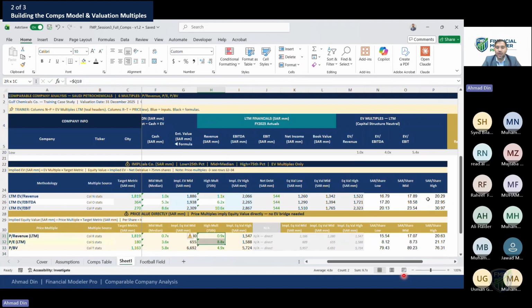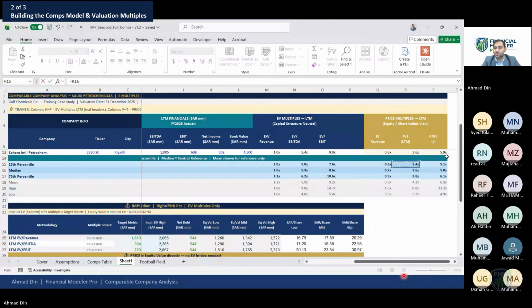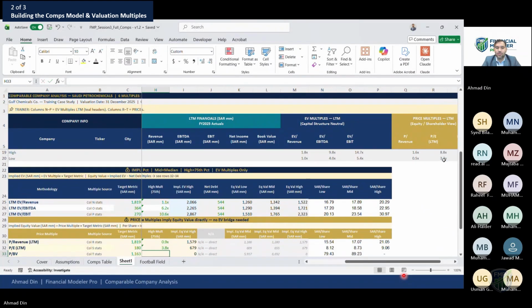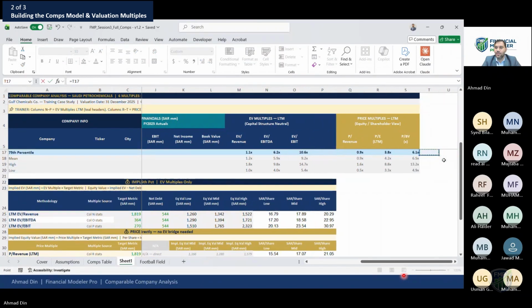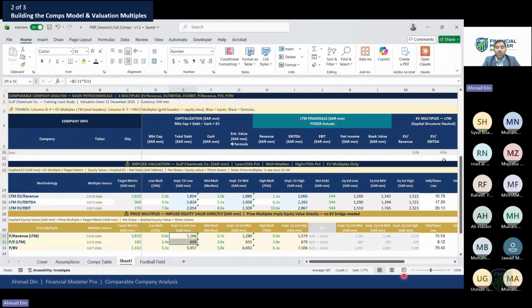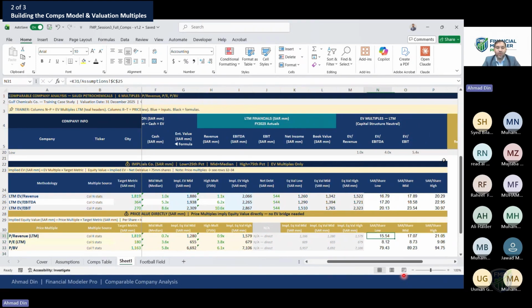Now for the high multiple, we will link it again with our high multiple. Now we can see that the low multiple gives a low value, the mid multiple a mid value, and the high multiple a high value. Okay. So we calculated all our valuations.